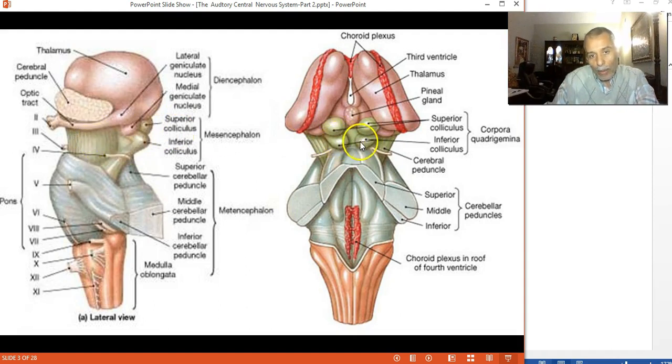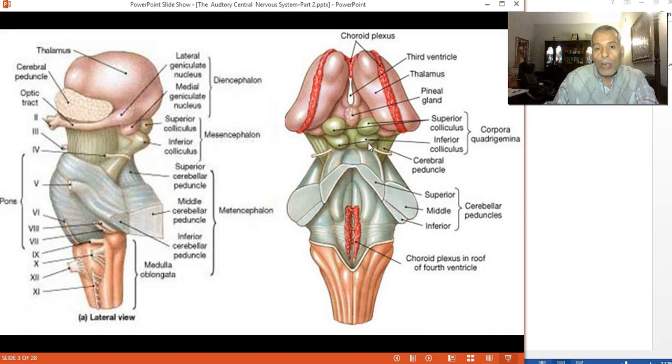If you split this brainstem into two pieces, you will find that the right side is exactly identical with the left. So there's one inferior colliculus here, and on the other side, you have a mirror image of it. On top of the inferior colliculus, you have the superior colliculus, one right, one left.